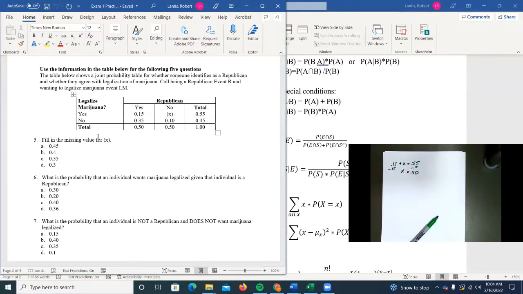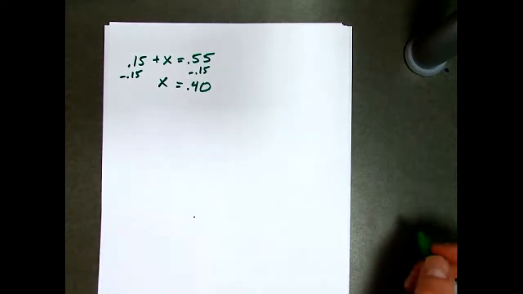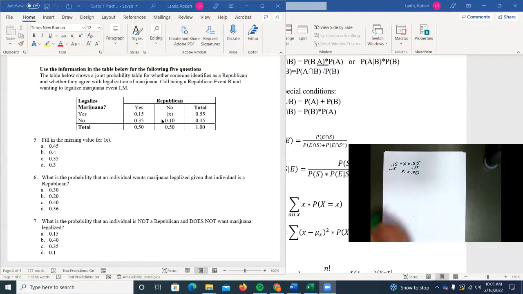Let me blow this up so you can see it a little better. We just need to know that we can add across the rows and down the columns to reproduce those totals. I could have also said that X plus 0.1 is equal to 0.5.